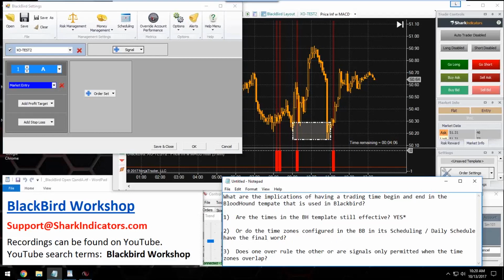And kind of an asterisk there, so it's a qualified yes. I guess it depends on the intent of how you ask question number 1. But in just reading the simple question, is the BloodHound template still effective? I'd say yes, because you can still see the BloodHound signal. So BloodHound has not been affected.